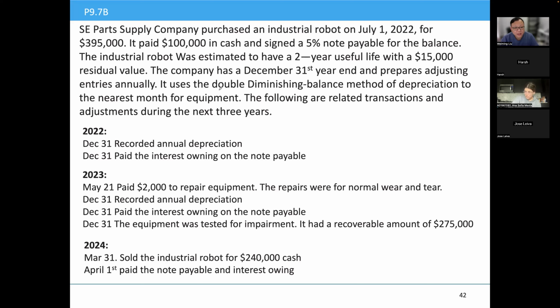It uses the double diminishing balance method of depreciation to the nearest month for equipment. The following are related transactions and adjustments during the next 3 years.